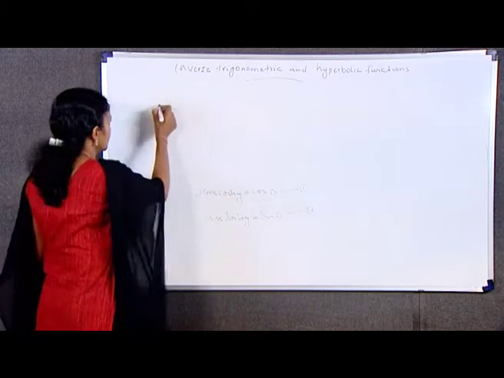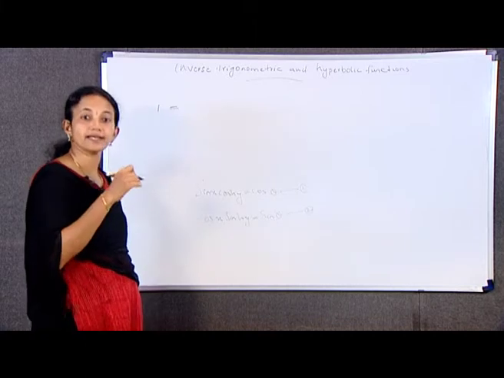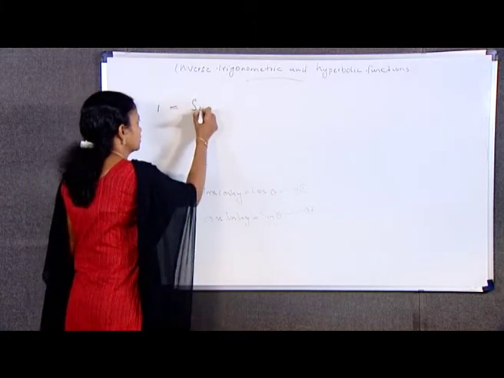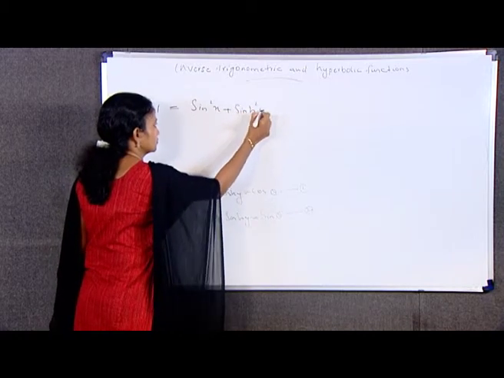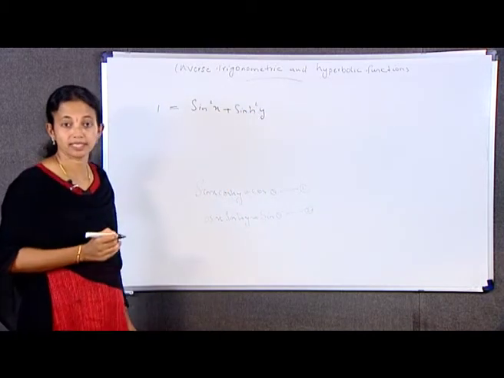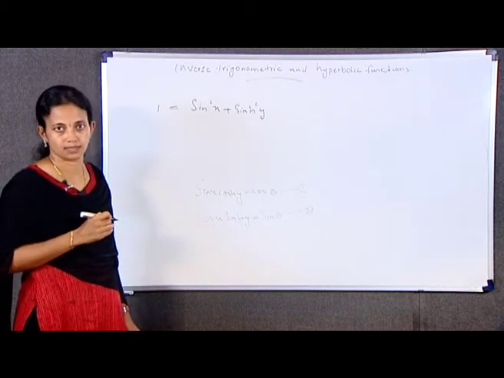That is, 1 is equal to sin square x plus sinh square y. Hence, sinh square y is equal to cos square x.